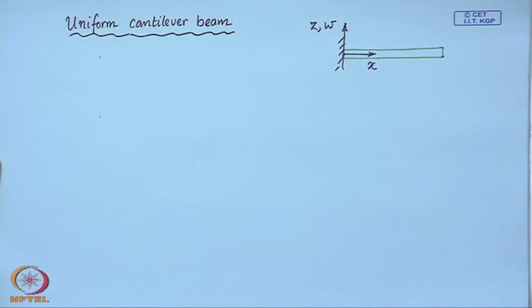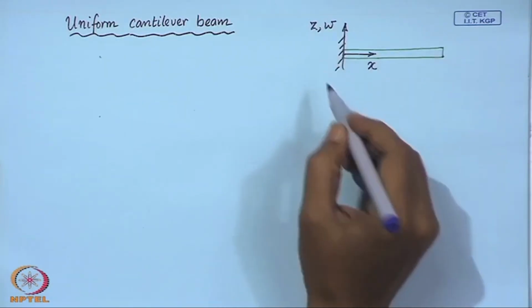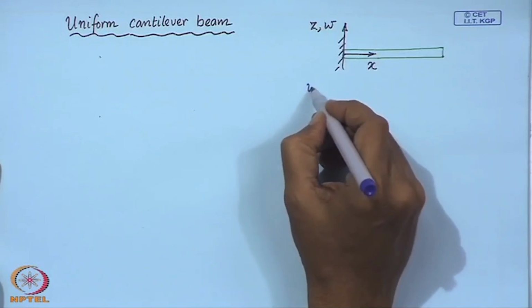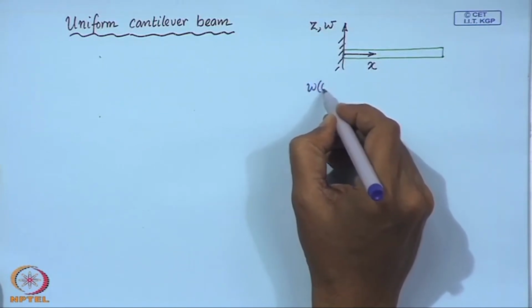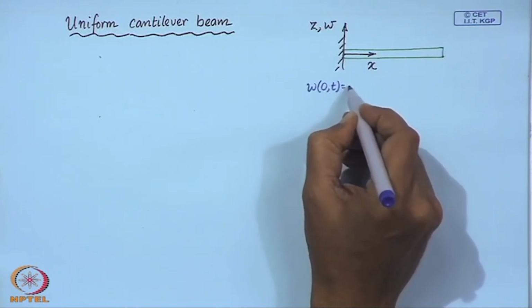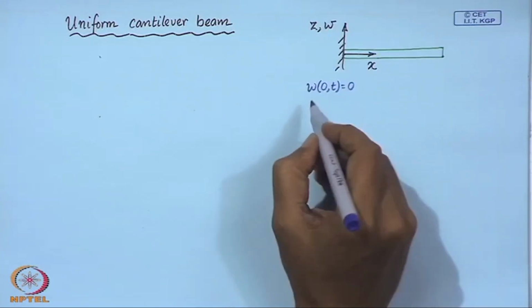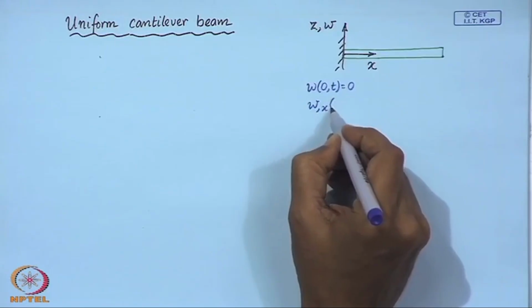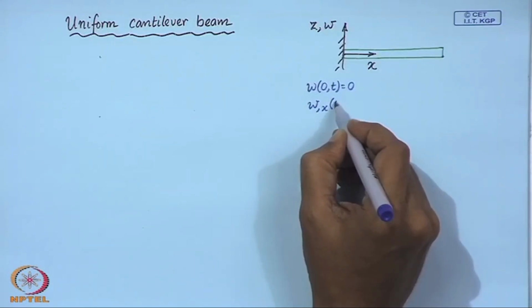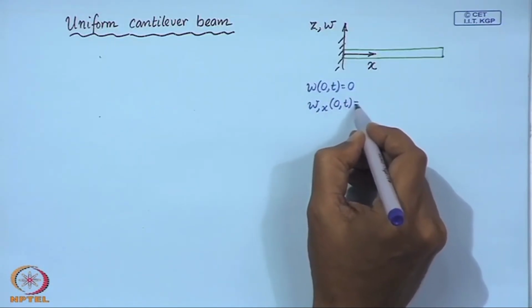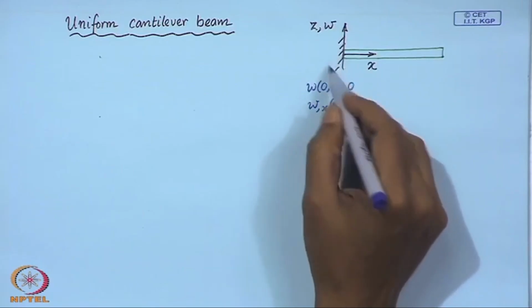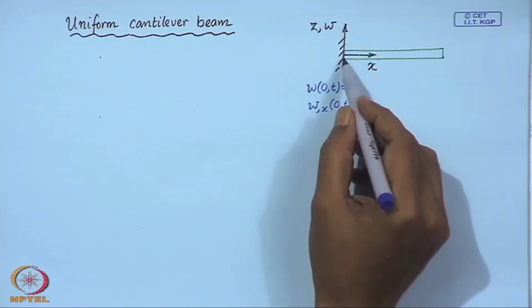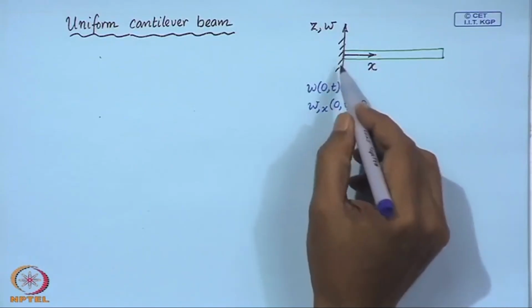In this case the boundary conditions are given by: on the built-in end we have displacement 0 and the slope also 0.